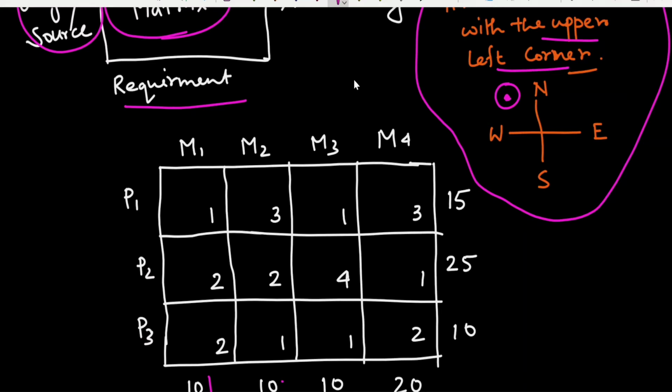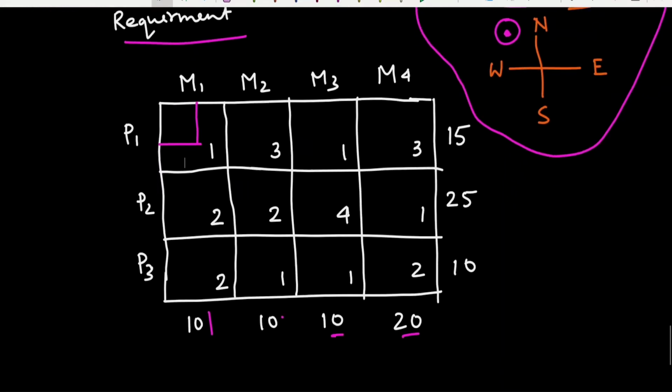First we allocate this cell, the leftmost and uppermost cell. We allocate the minimum of availability and requirement, that is the minimum of availability 15 and requirement 10, which is equal to 10.